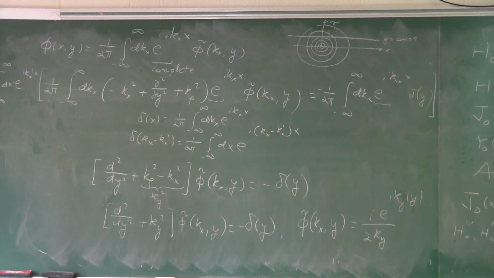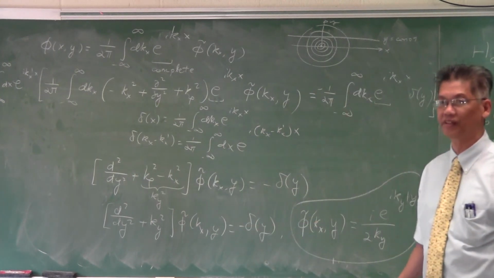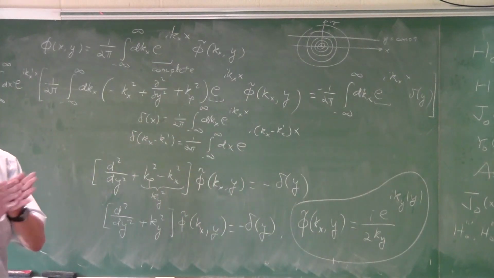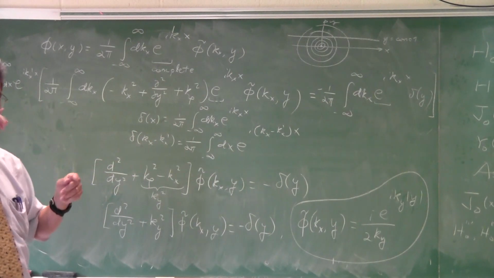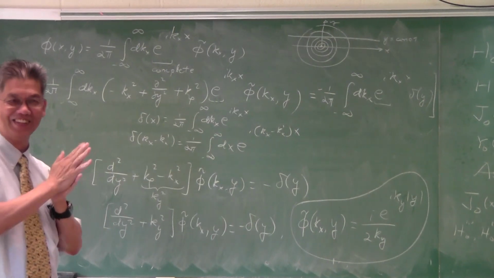Maybe I take a break and then prove it after the coffee break, to prove that this is in fact the solution to this equation. Let's take a coffee break and then I can prove that. Or at the same time you can muse about it and think about how to prove it while on coffee break.